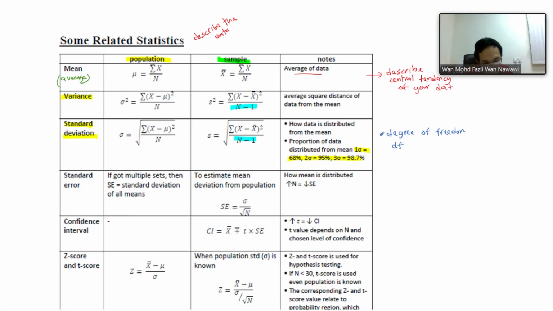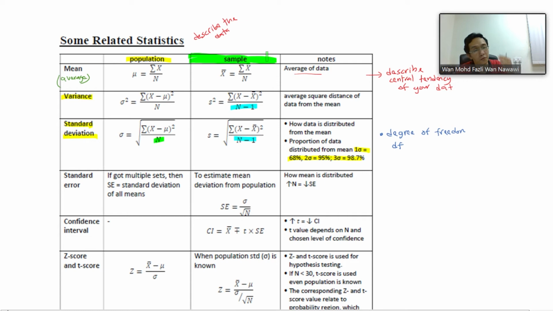Why is it n minus 1? If you look here, the sample, you don't calculate the entire thing. Because let's say the entire population is n. Of course, the sample will not be n. So that's why the division is not by n. Remember, the idea of doing sampling is that you want your result to represent the population.